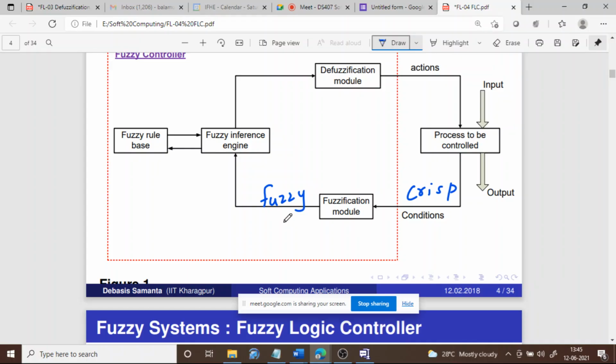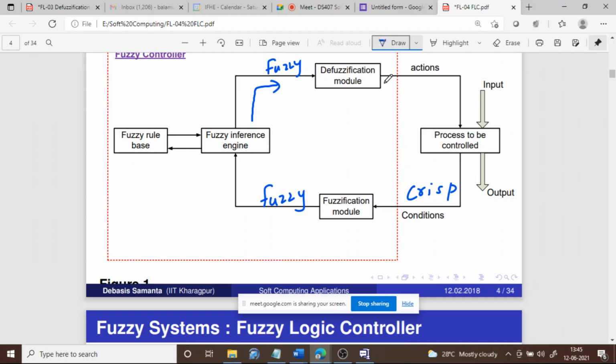Then it passes through the fuzzy inference engine, and it goes through some transformation. The actual processing happens here based on the fuzzy rules, and the output produced will be a fuzzy output.